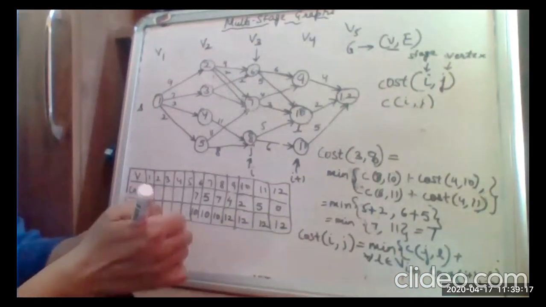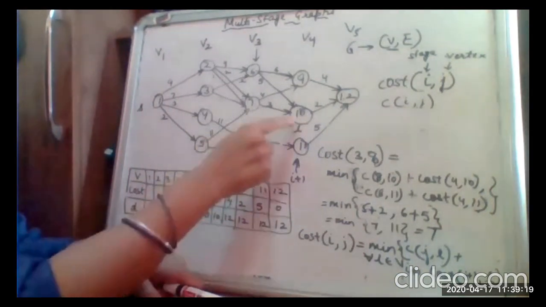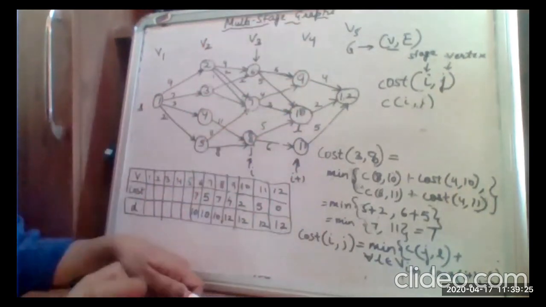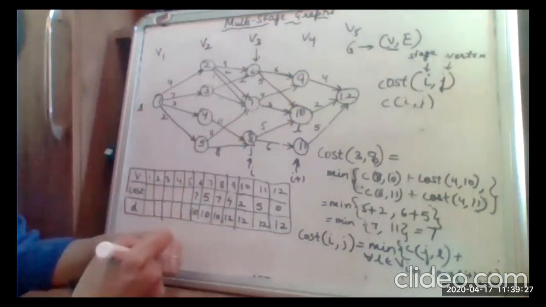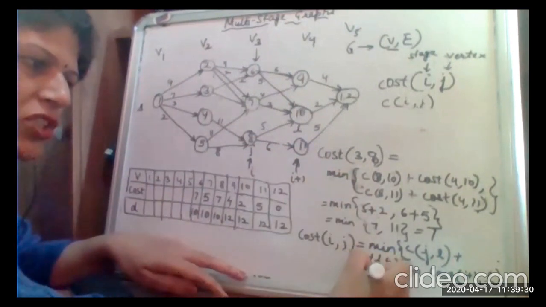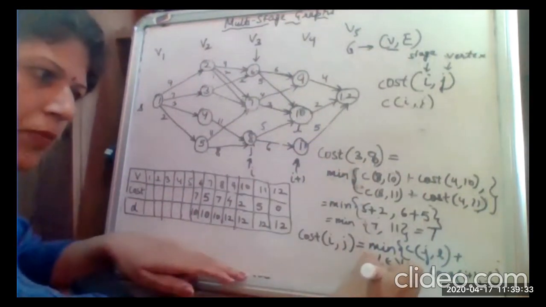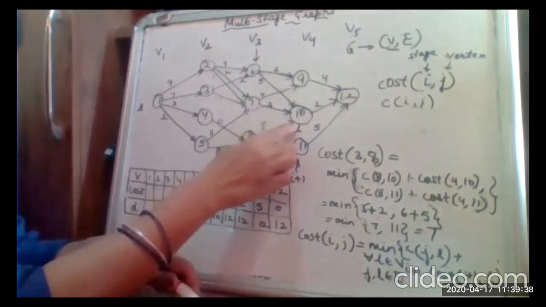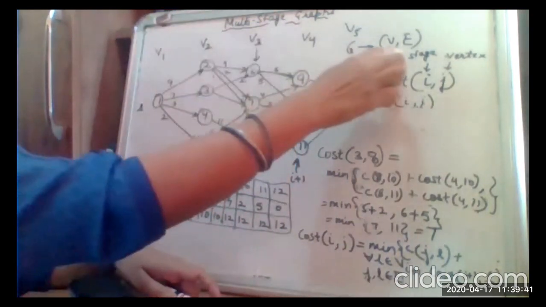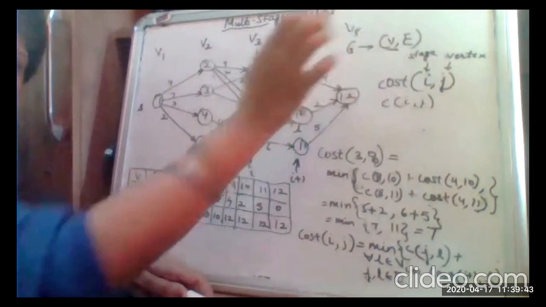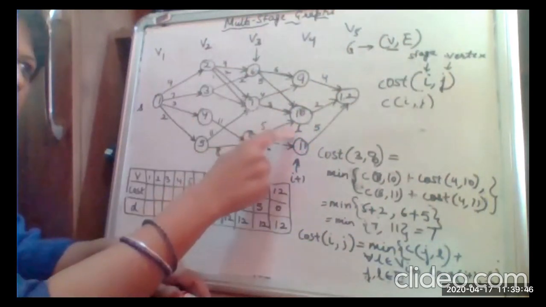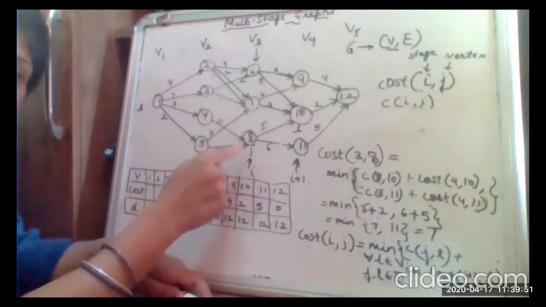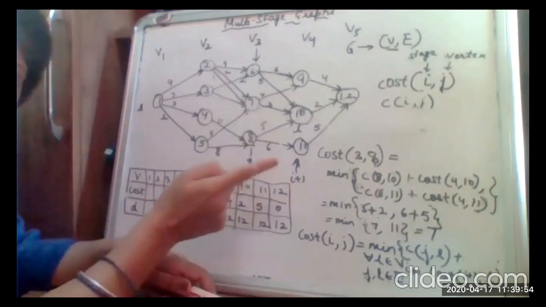That means for all the L vertices that are there in the I plus 1 vertex set, as well as there is an edge j to L that belongs to the set of edges. Now, if I'm taking L as 9, 8 to 9, there is no edge that belongs to the set of edges. So that will not be taken.